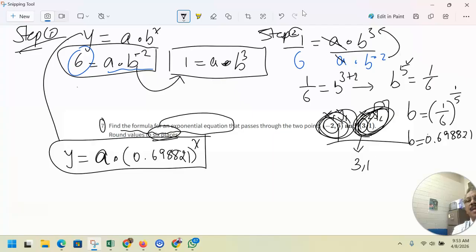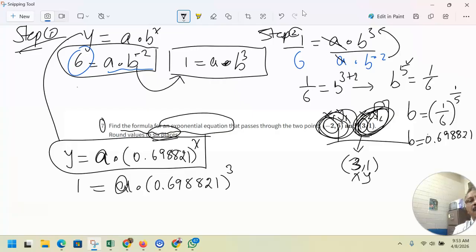So in place of x and y, now you plug in this. That means it is 1 equals A times 0.698821 raised to 3. Now to find this A, don't do anything here.